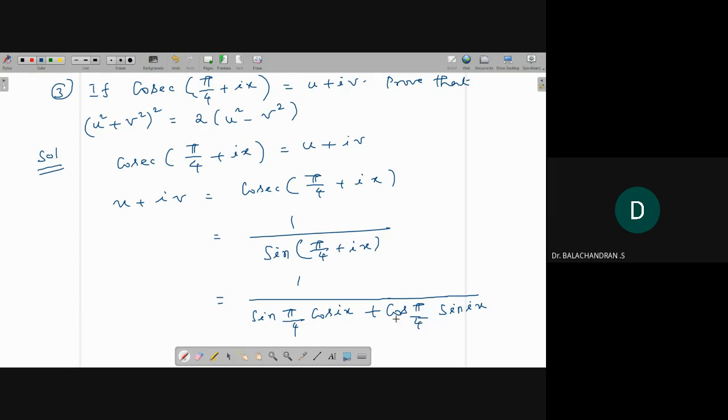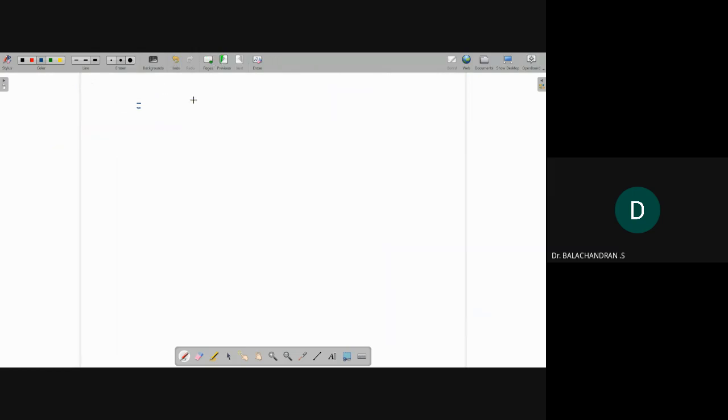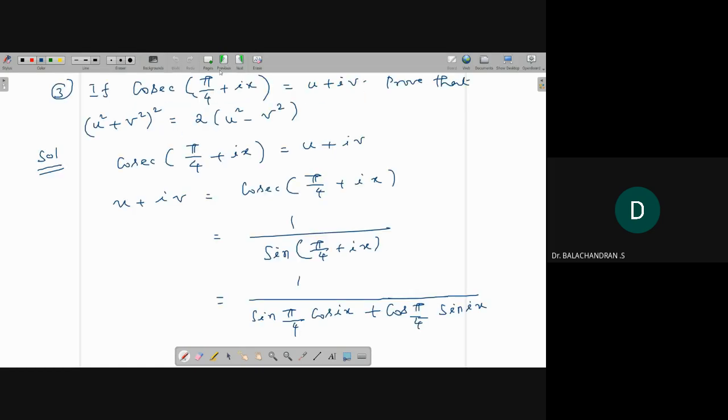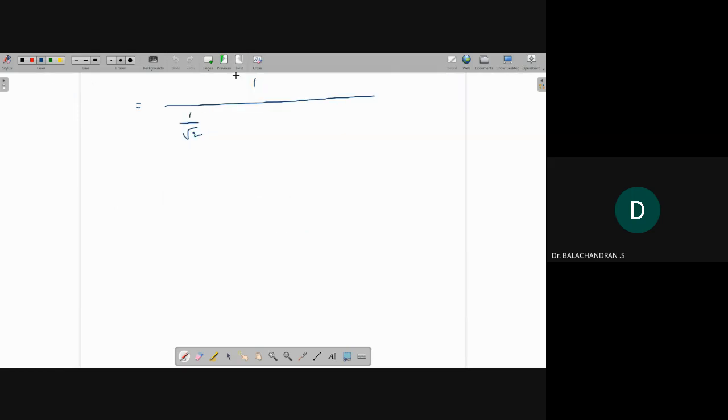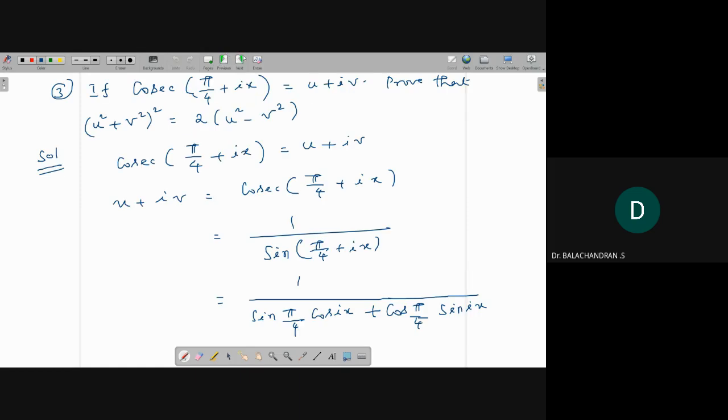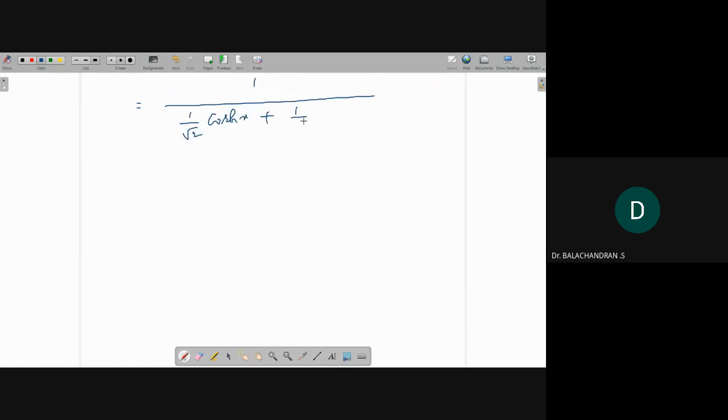Similarly, cos(pi/4) is what? 1 by root 2. So this is equal to 1 by root 2 cos ix, and cos ix is cosh x, plus cos(pi/4) is 1 by root 2 sin ix.